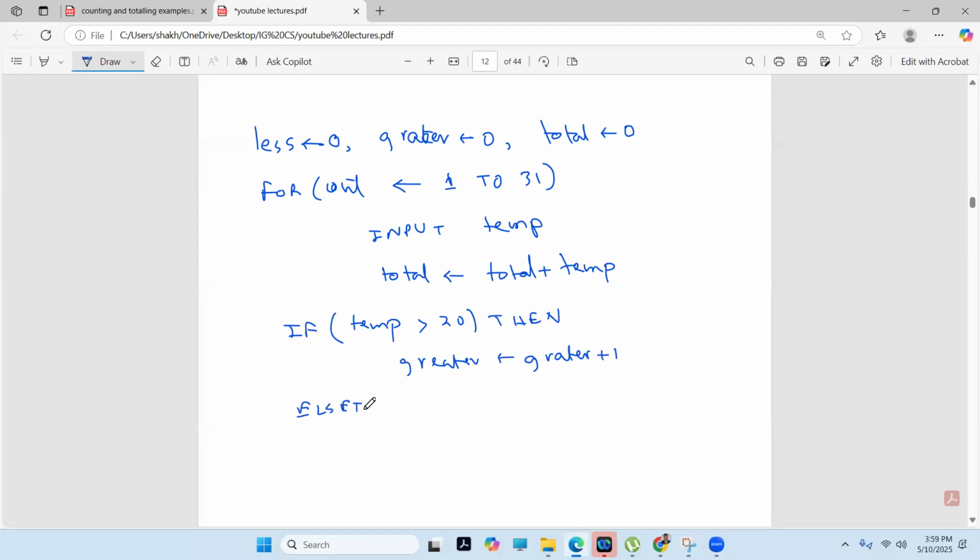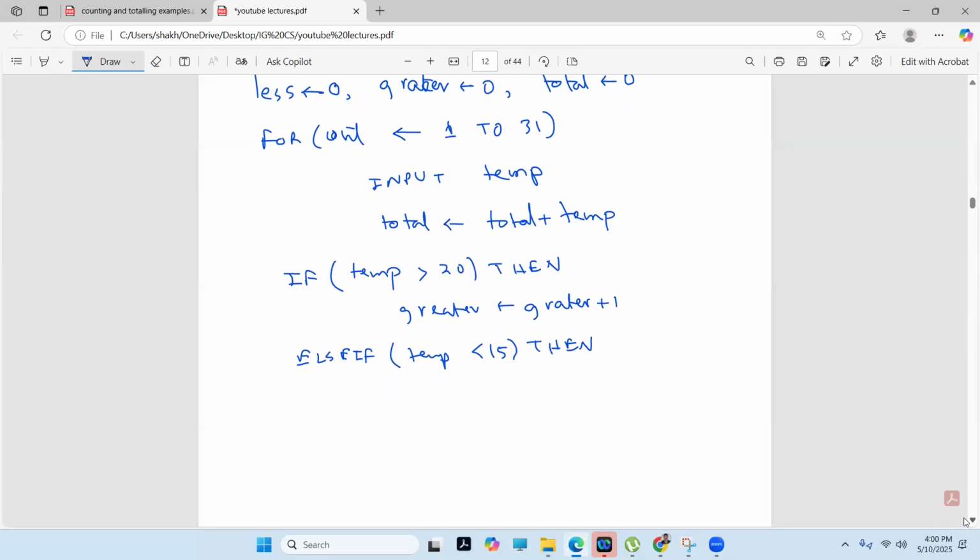Else, if the temperature is less than 15, then less equals less plus 1.